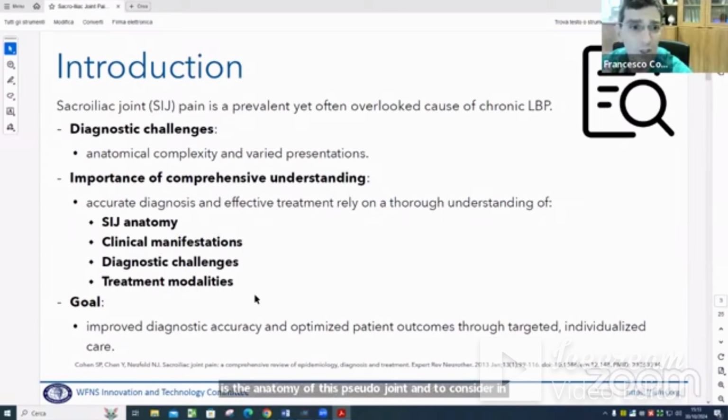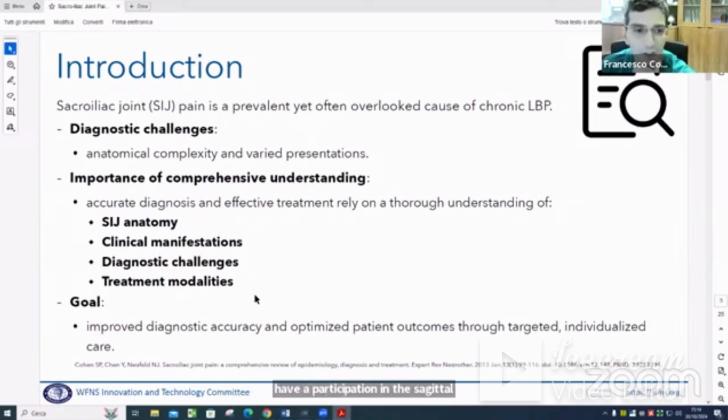From the introduction, it is a complex joint connecting the sacrum to the iliac bone, and there is a complex system of muscles and ligaments that work together in order to provide stability and to connect the lumbar spine with the hip joint and have a participation in the sagittal balance.